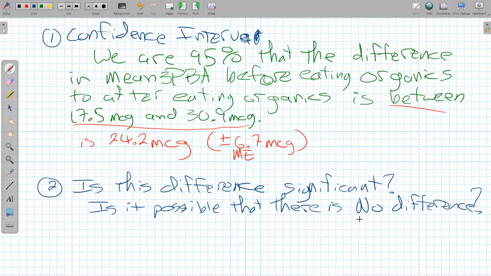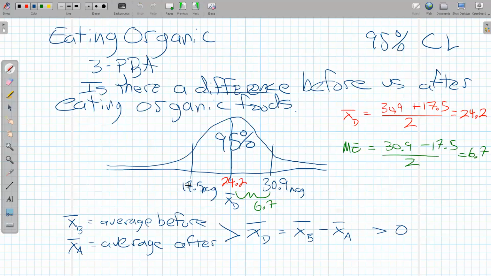So if I think about the idea of no difference, that would mean the mean difference that we calculated, is it possible it's equal to 0? And if I look back at the confidence interval, is 0 in that interval? So we go back here, we look at the interval, here's 17, here's 30, 0 is going to be somewhere over here-ish. So here would be x bar equals 0. Is 0 anywhere near the interval that we think the range is in?